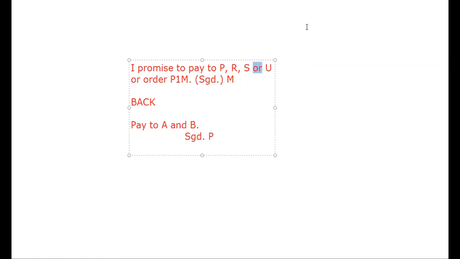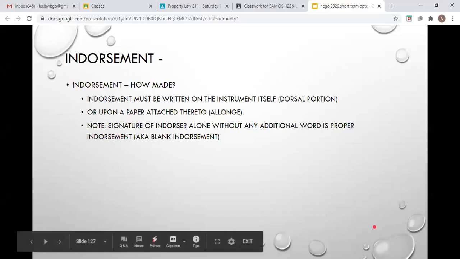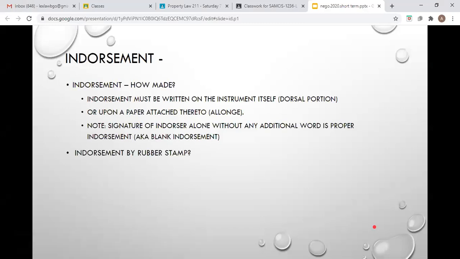Okay? So, let's go back to our slide again. Endorsement by rubber stamp. Pwede ba yan? Endorsement by rubber stamp? Tinatamad kang magsulat ng pay to, ganon. So, ano ginawa mo? Kinuha mo yung rubber stamp, tatak ka na lang. Will that be allowed? Well, that is allowed under the law because it's not prohibited.